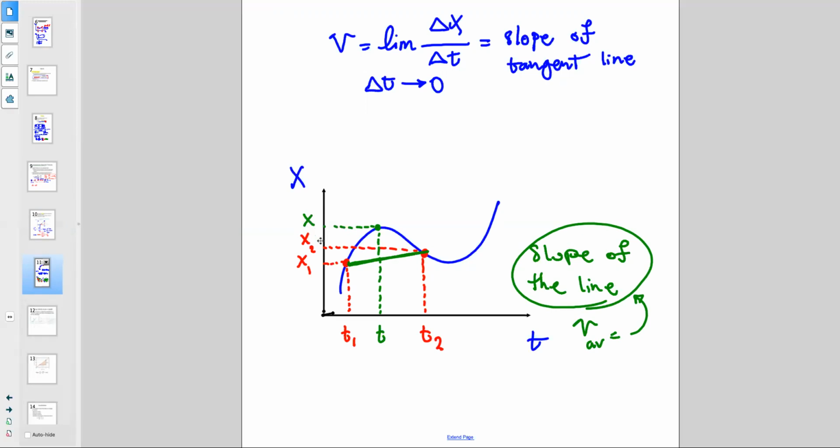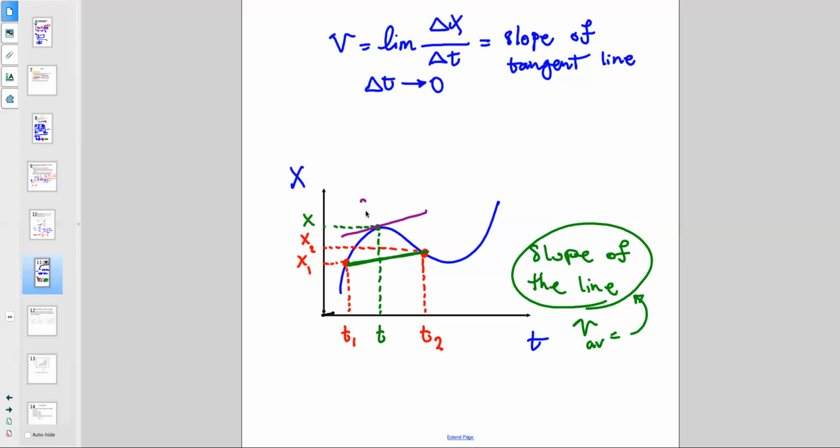Find the instantaneous velocity at that point. Then what you do is you draw a tangent line. So let's say that that's my line, the tangent line to that point, to the curve. It is connected to the curve. It is connected to this blue line. Only at one point it's tangent, okay?